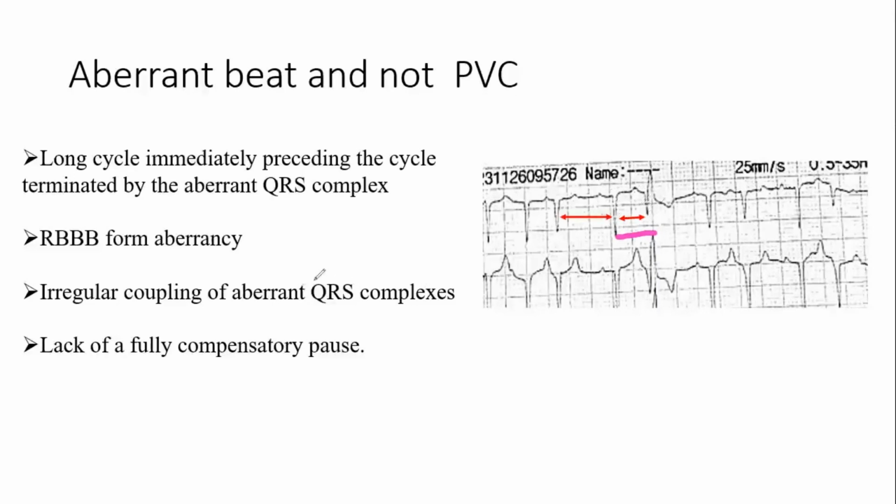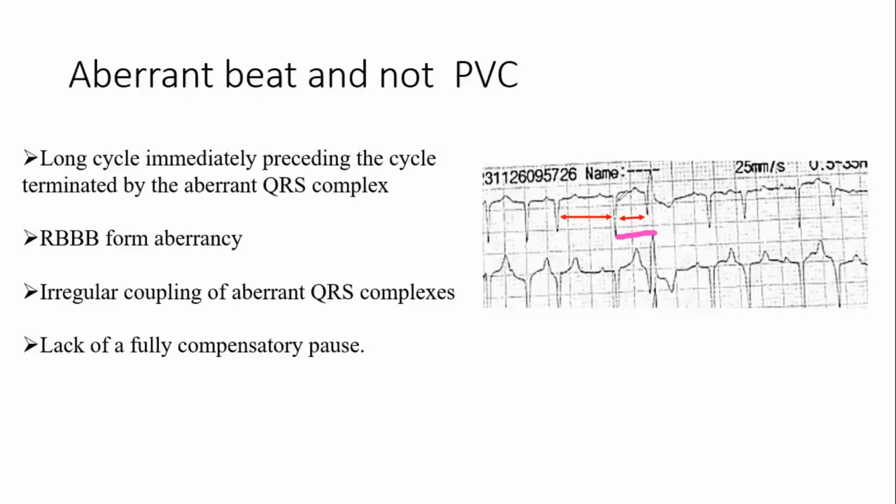This usually doesn't happen with PVCs. PVCs are more fixed, not that variable. I hope you understand my point. Is everyone clear with that point? If you're not clear, you can ask, because this might be quite a dodgy point.